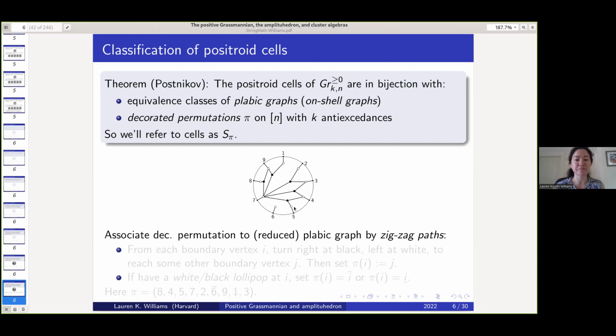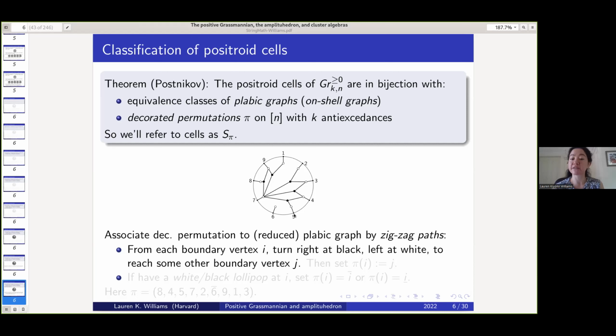So this here is a Plabic graph, a planar bicolored graph, and I'm going to show how to read off a permutation from it. So from every boundary vertex i, we're going to turn right when we see a black vertex and left when we see a white vertex. And that's going to give me a way of walking through the graph.